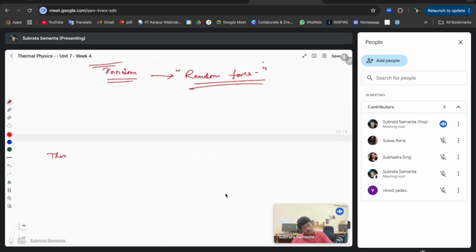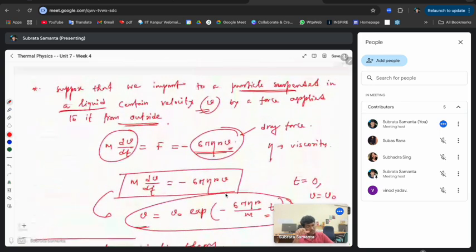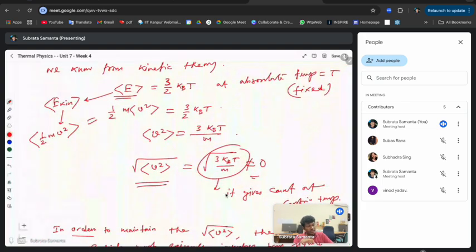So there must exist a random force, let us say Ft, a time dependent force, because the velocity changes with time. But we know that this is a constant, independent of time.